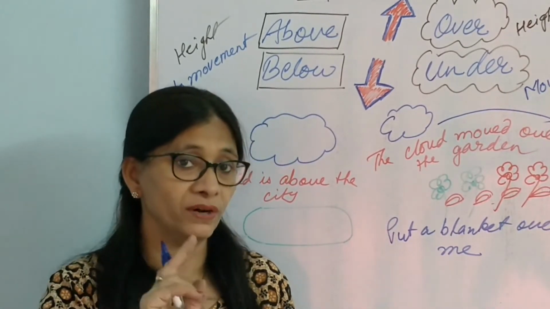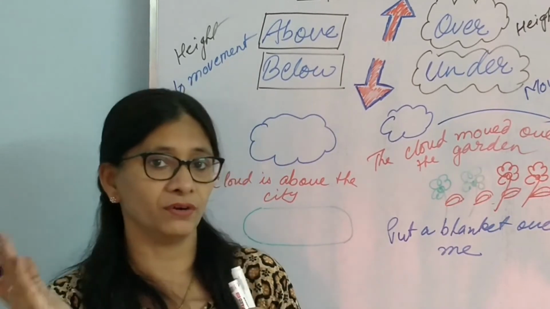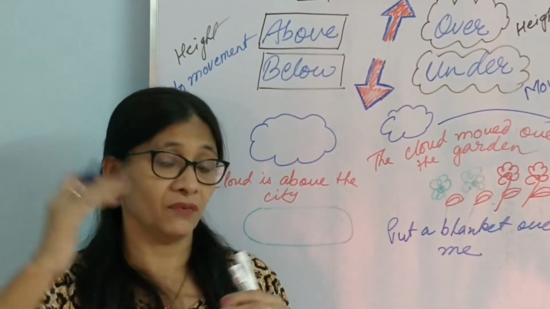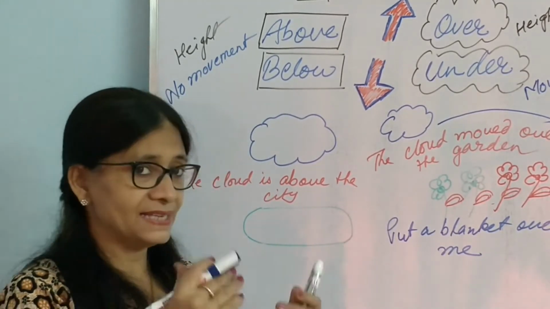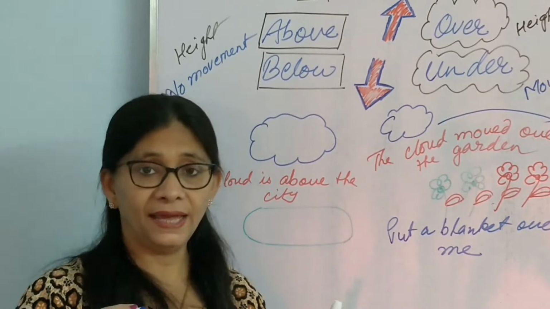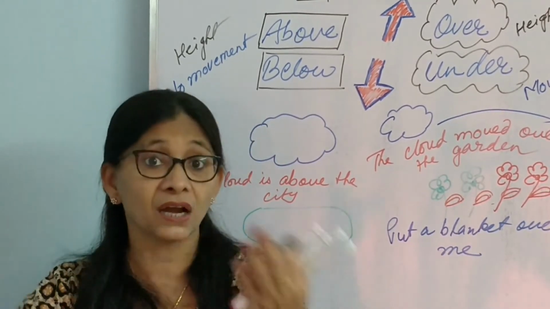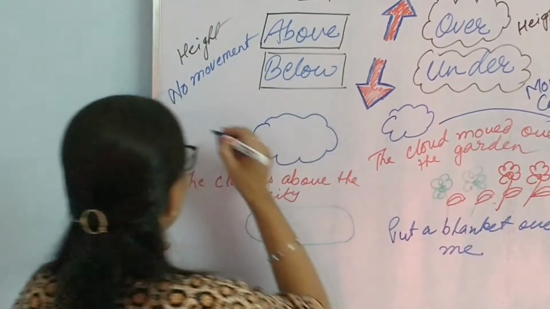So with over there will be a sense of covering also. Cover, over. C-O-V-E-R, O-V-E-R. So keep in mind that way. Over has some tendency of covering, like put the tablecloth over the table. So we are covering the table with the tablecloth.